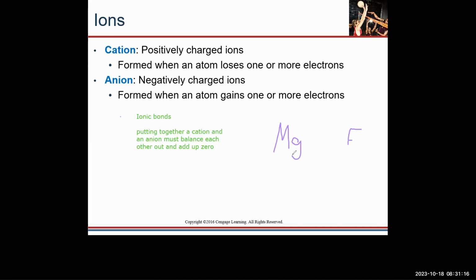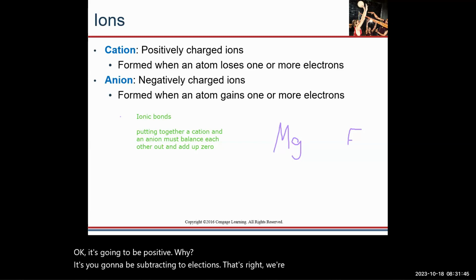An anion? Are you sure? An anion is what charge? Negative? So you're telling me magnesium is negative? It's going to be positive. Why? Because you're going to be subtracting two electrons. That's right.